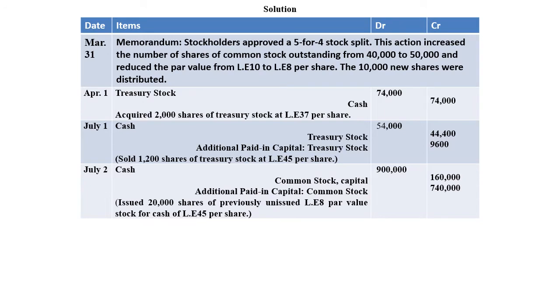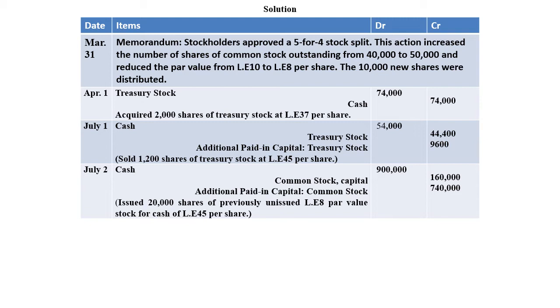Inside the journal, the solution starts with the stock split, which is recorded in a memorandum. It's not a debit and credit journal entry. It's a memorandum saying that stockholders approved, because a stock split requires stockholders' approval. So he says stockholders approved a 5/4 stock split.